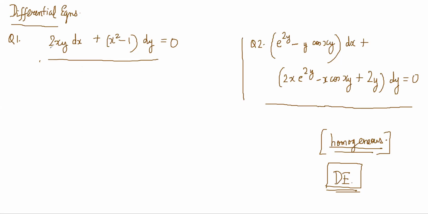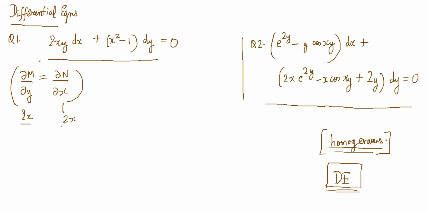I got it. So basically we are searching for an exact differential equation, right? And we are calling it M. The condition is dou M by dou y should be equal to dou N by dou x. In this case, dou M by dou y would be 2x, and this is also 2x.